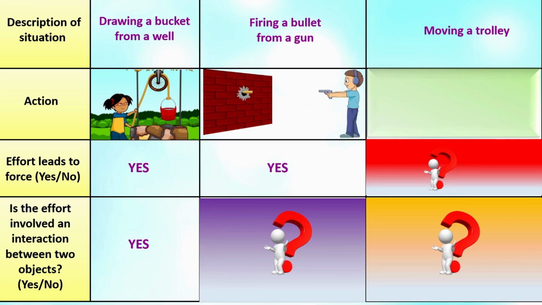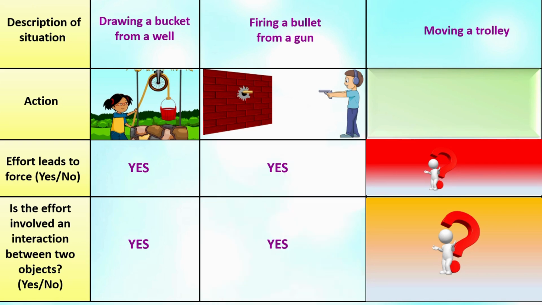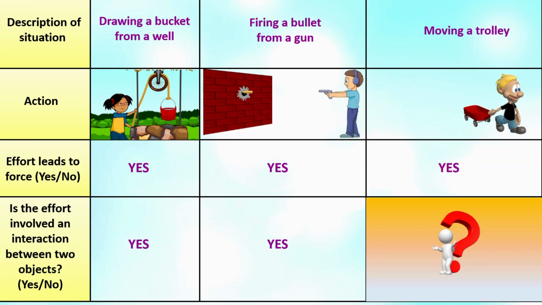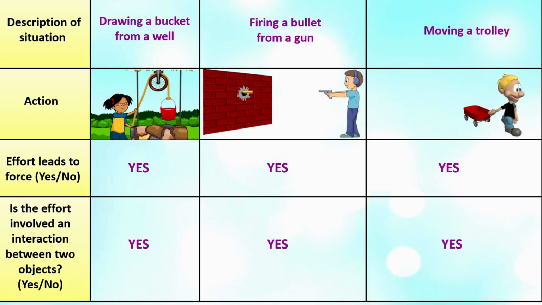Yes. Is the effort involved an interaction between two objects? Yes. Moving a trolley. Does effort lead to force? Yes. Is the effort involved an interaction between two objects? Yes.